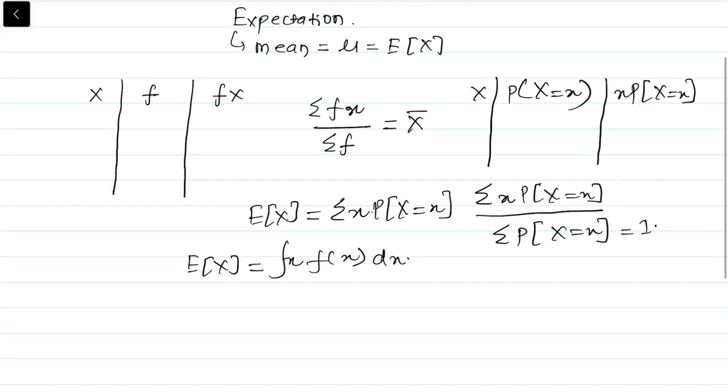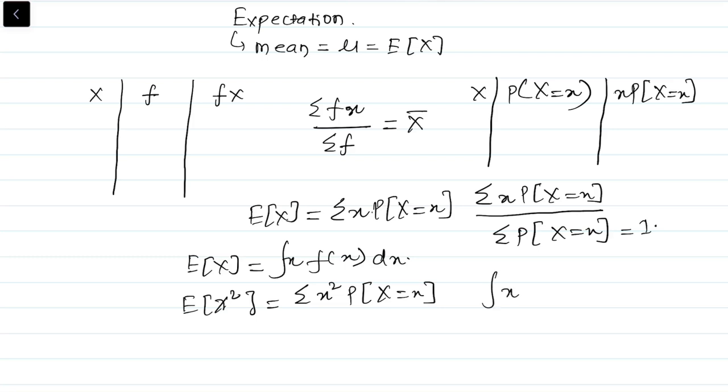Now if we have to calculate the expectation of x square, then we simply replace x with x square and then probability. Similarly in the continuous random variable, x will be replaced by x square and then PDF. Okay, so this is expectation of x square.